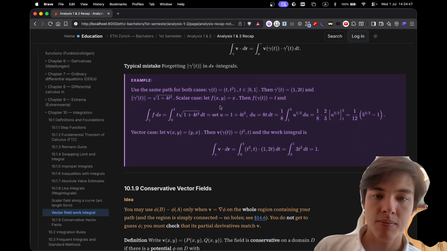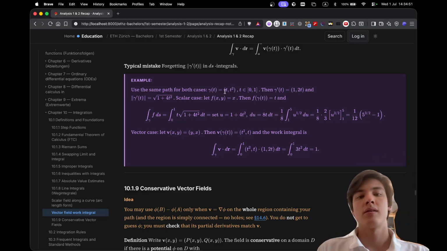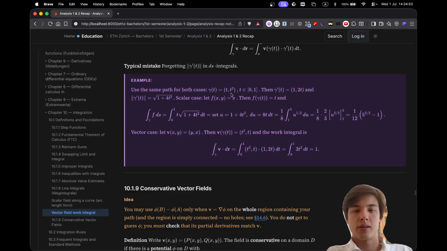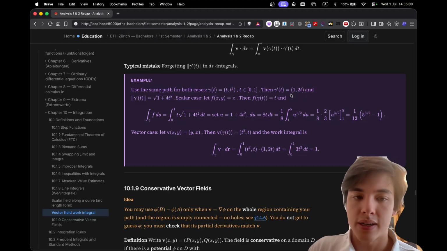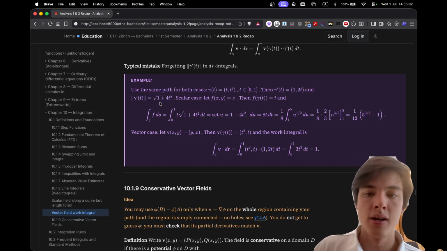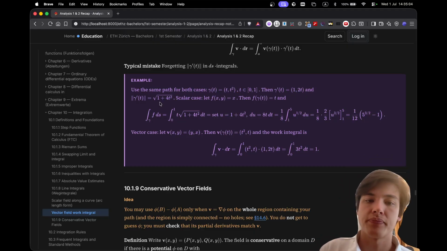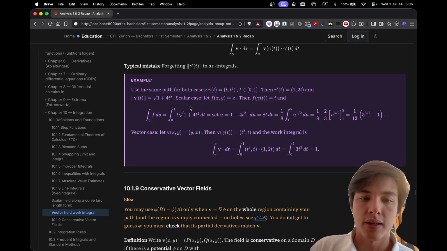Let's look at an example. We use a path lambda of t equals t and t squared. Then the derivative of that is this. In the scalar case, we say the function is just x.